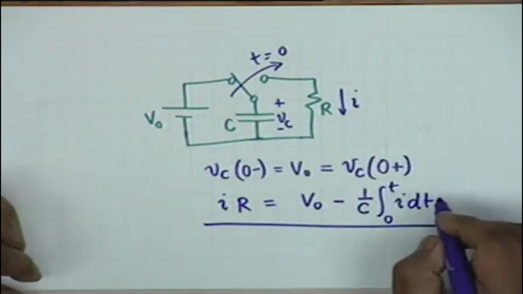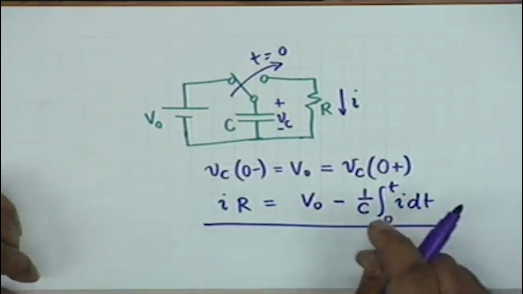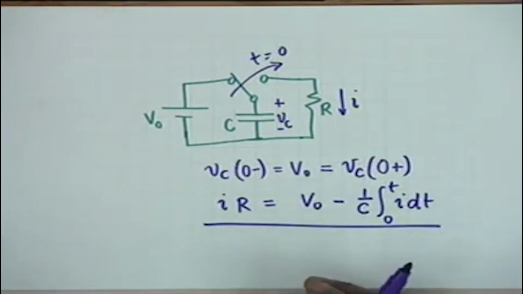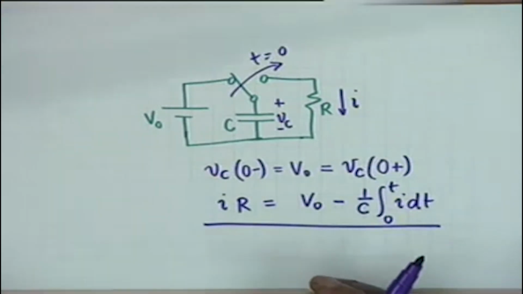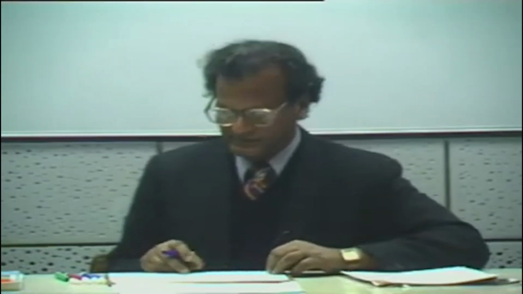Now, this is not a differential equation, it is an integral equation. In general we may get an integro-differential equation. In the previous case, the LR case, it was a pure differential equation. In the RC case, it is a pure integral equation.